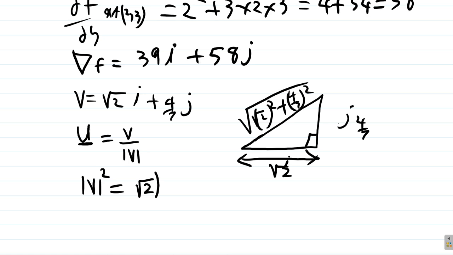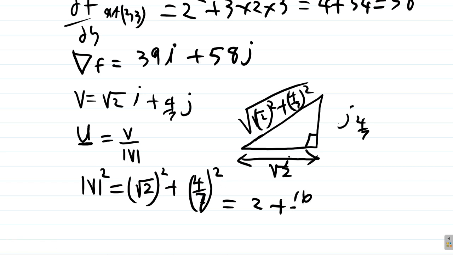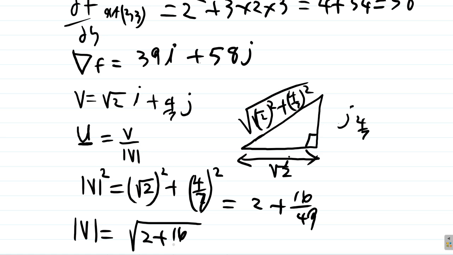So that is going to be square root of 2 squared is 2, plus 4 squared is 16 over 7 squared, 49. So the magnitude of the vector is therefore the square root of 2 plus 16 over 49. Alright?